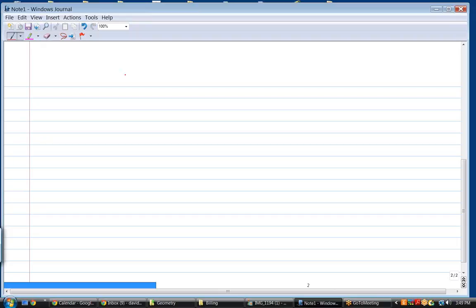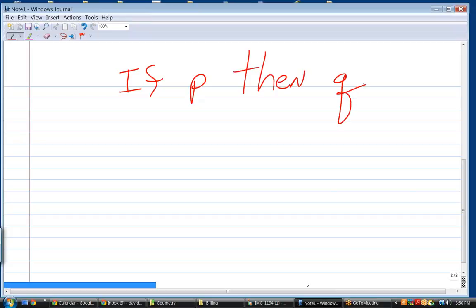Let's talk about the conditional statement, if P, then Q. Is that what you started off with today? No, we didn't start with this, no. Well, this is generally where logic starts. In other words, chapter 2 is really about logic.